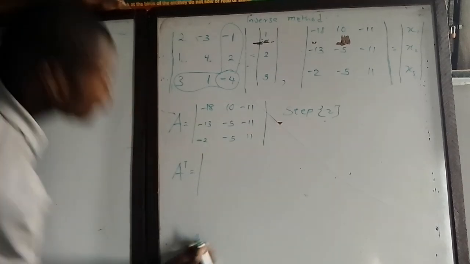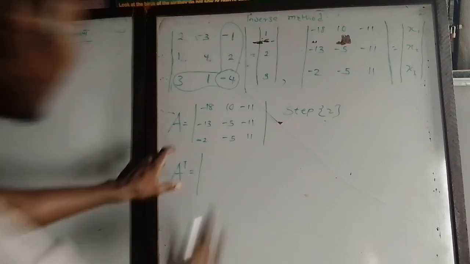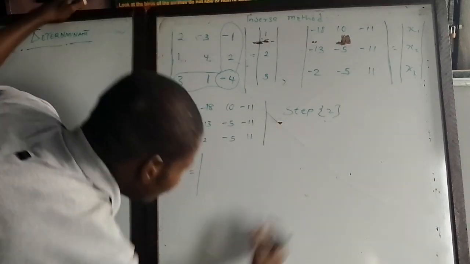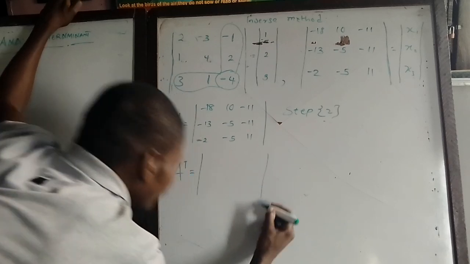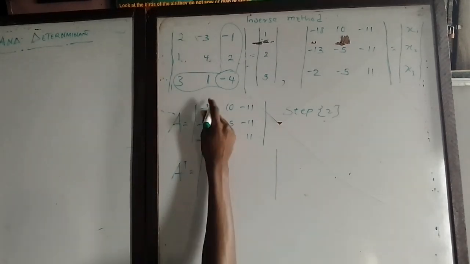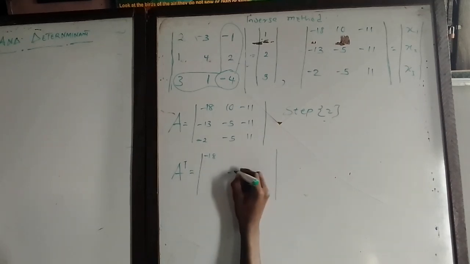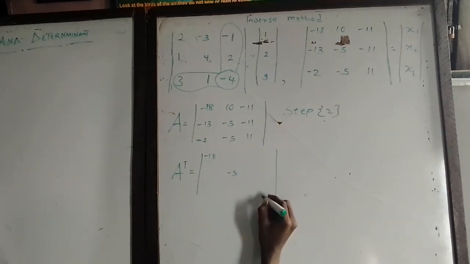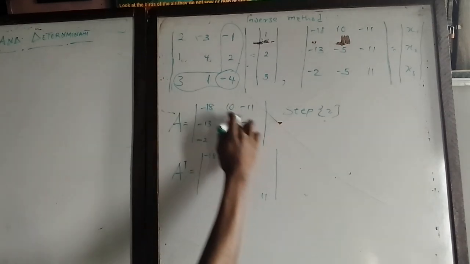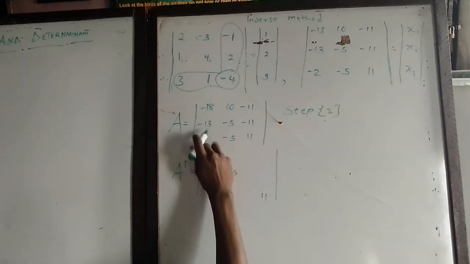So how to transpose is very simple. To transpose this 3 by 3 matrix we have here is very simple. So you are going to draw your line. So repeat what you have here. You have minus 18, minus 5, and the last one here 11. So they are the same. So now what are you going to do? So interchange this from this. So this one will come here, this one will come here.